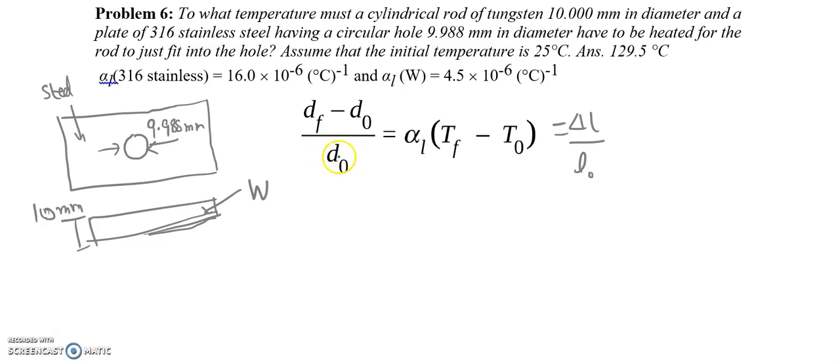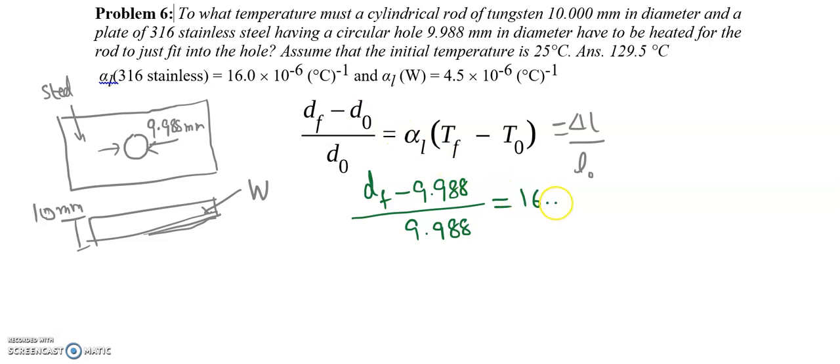So in this case, (DF minus D naught) divided by 9.988 is equal to alpha L. Now we are talking about the steel. Steel is 16 into 10 to the power minus 6 into (TF minus T naught), and T naught is 25 degrees centigrade, the initial temperature.